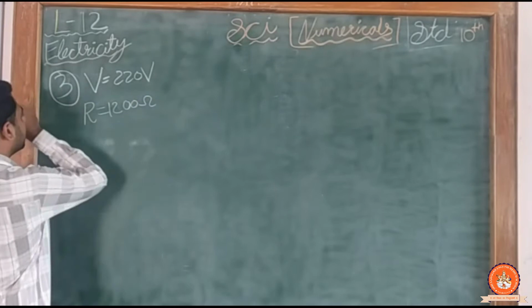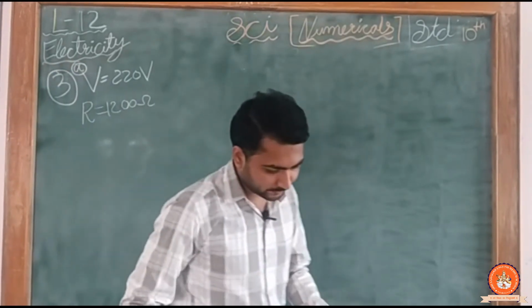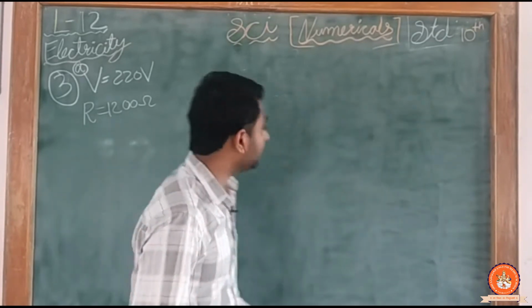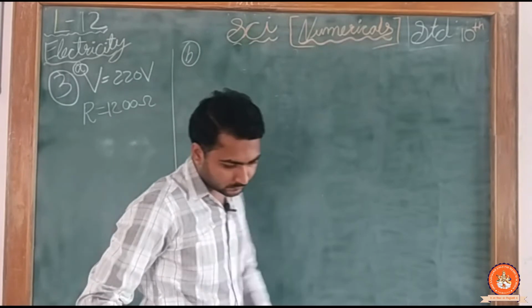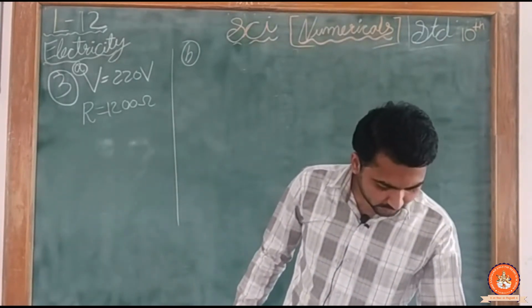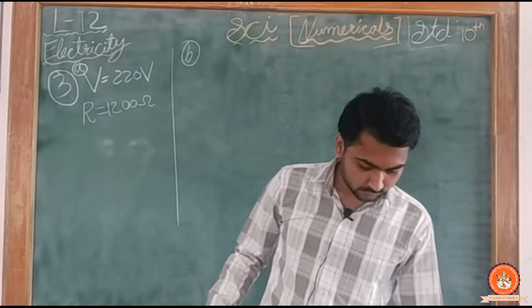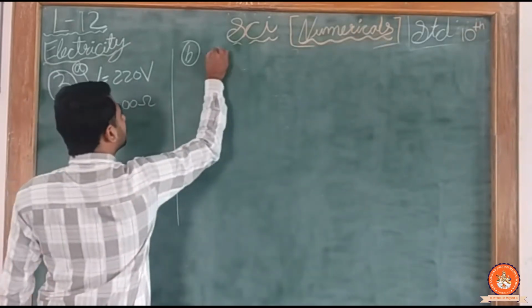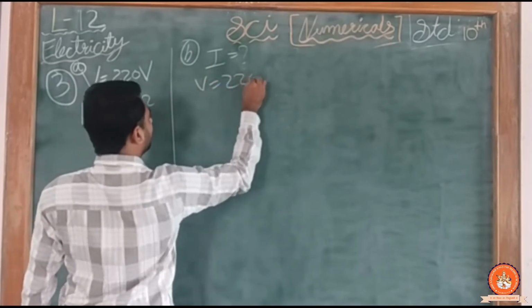Clear? This is question A that we have. And question B is: how much current will an electric heater coil draw from a voltage source of 220 volt?